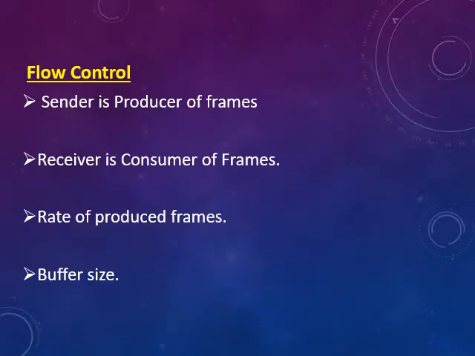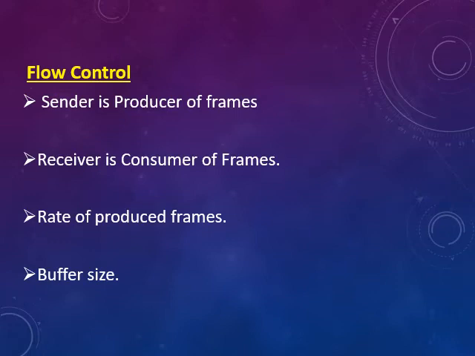The sending data link layer at the end of the link is a producer of frames. The receiving data link layer at the other end of the link is a consumer. If the rate of produced frames is higher than the rate of consumed frames, frames at the receiving end need to be buffered while waiting to be consumed or processed.